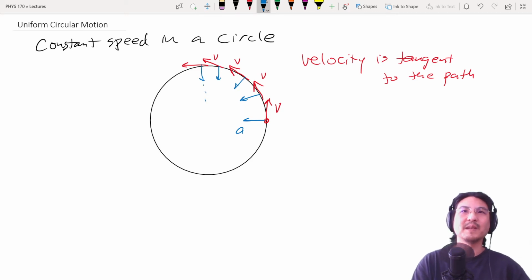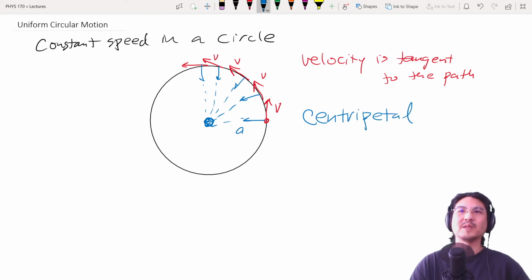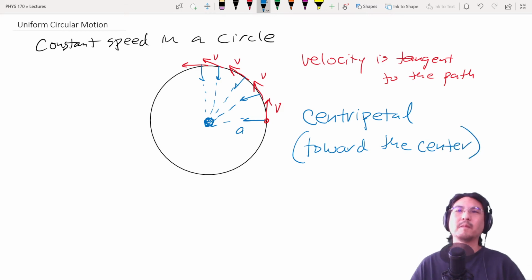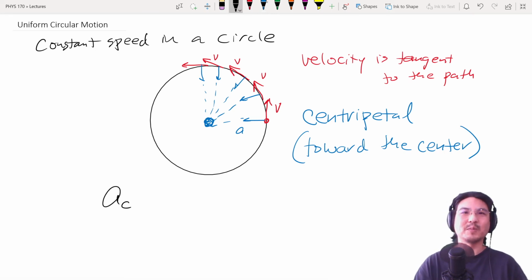And actually, the acceleration vectors all point toward the center of the circle. And that word is centripetal. Centripetal is an adjective that means toward the center. Okay, so this is centripetal acceleration.